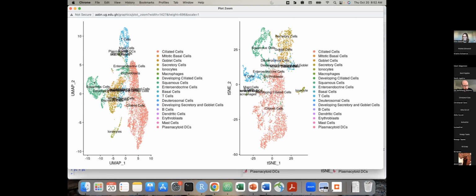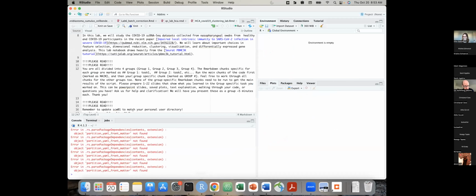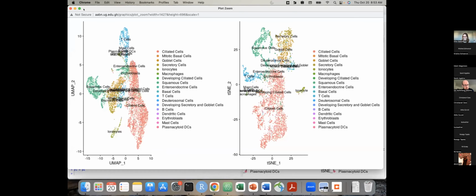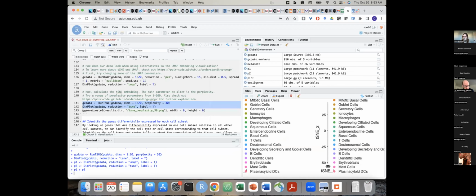For the squamous cells, there's less spreading around an area between similar cells. Depending on the parameter choices you make, you can get different looking plots for these UMAPs and t-SNEs, and you can play around with that. It's just a matter of changing things like perplexity or number of neighbors and so forth.